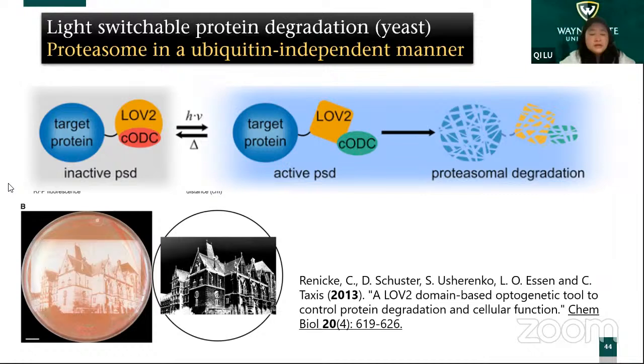Okay. So these flavin-based light switch proteins can also be designed for light-dependent protein degradation. The target protein is linked to this part, and after shining the light the sequence is exposed, and the exposure of the sequence will cause the whole protein to be degraded by protease.